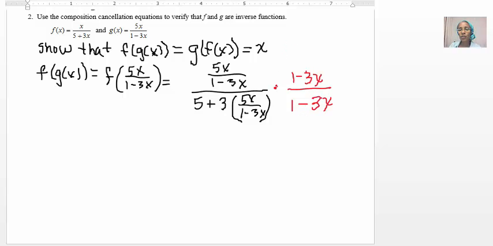Now, realize what I'm doing is multiplying by 1. Any non-zero number over itself equals 1. And so when I multiply a number by 1, I don't change its value.